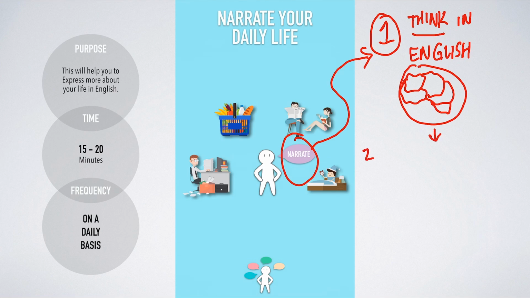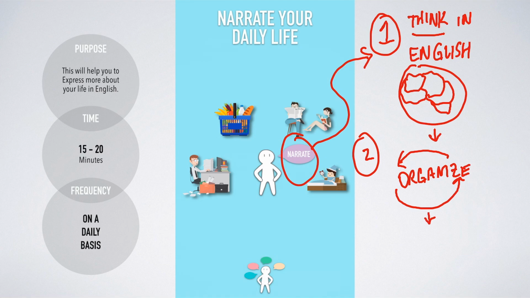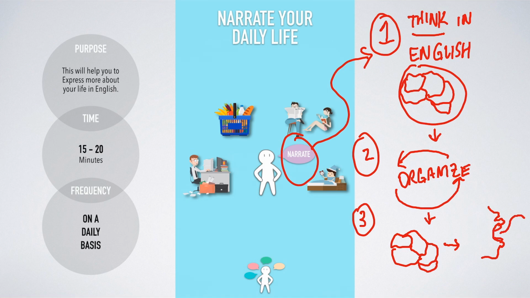Then next, you need to begin organizing your thoughts in English, okay? All of this happens before you speak. And the third thing that happens is, now, what was going on in your brain throughout the day becomes the words that will come out of your mouth.